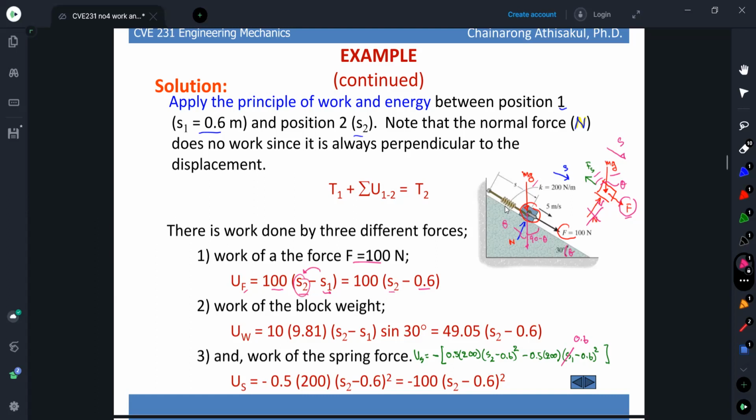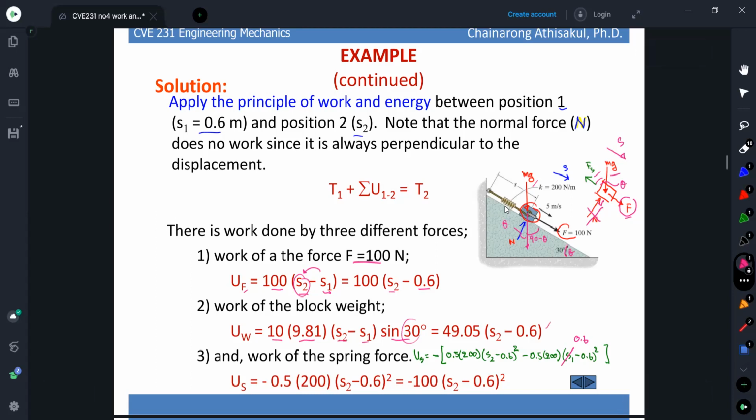The work done by the block weight is equal to mg, where g is 9.81, times sine theta, theta is 30 degrees, times S2 minus S1.